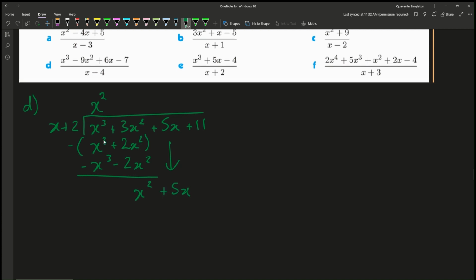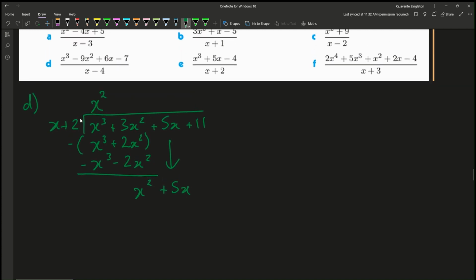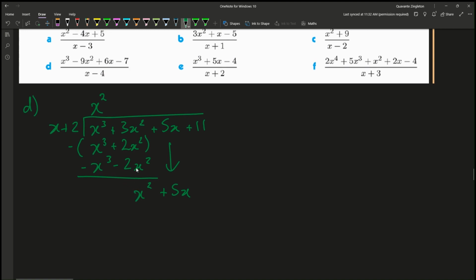Okay. Now it's just basically as if the degree was 2. Now it's just that easy, okay? How many times does x go into x squared? What times x equals x squared? That's just x. And it's positive, so it's plus x.